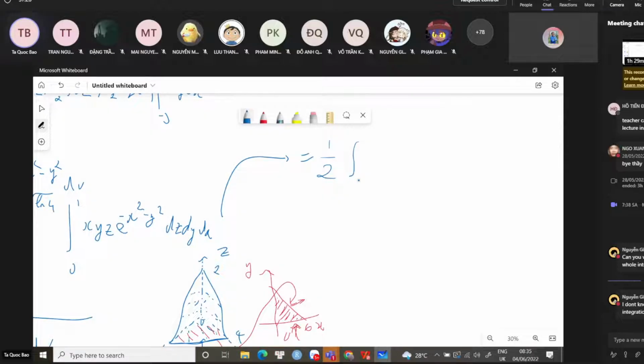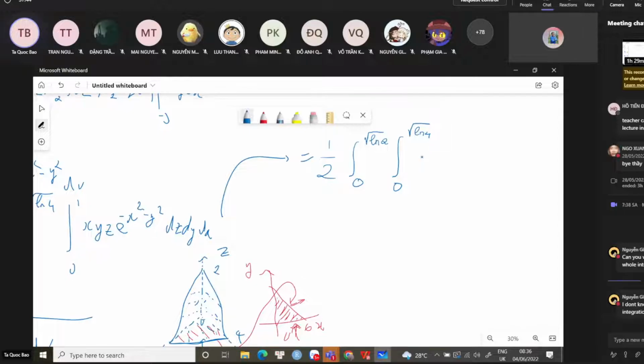Integration from 0 to square root 2, integration from 0 to square root 4.